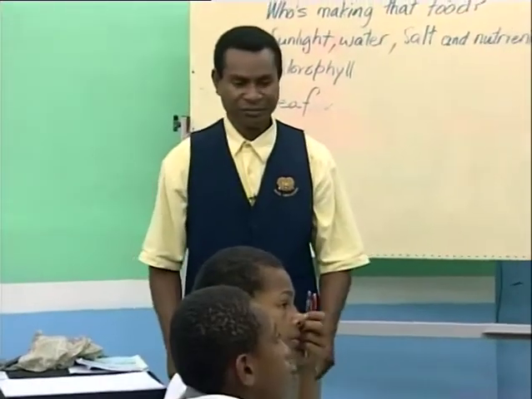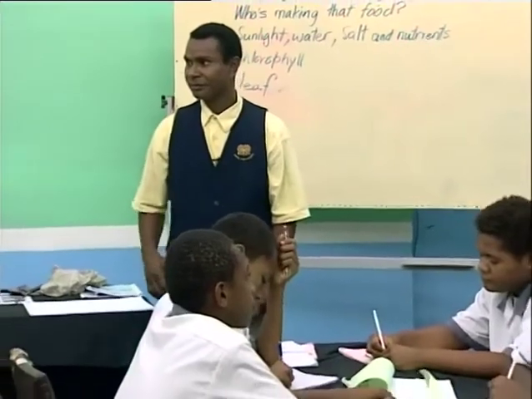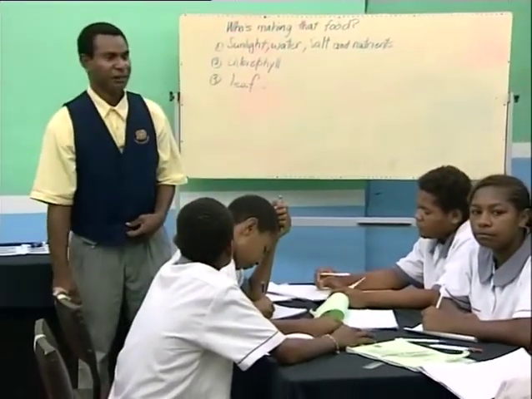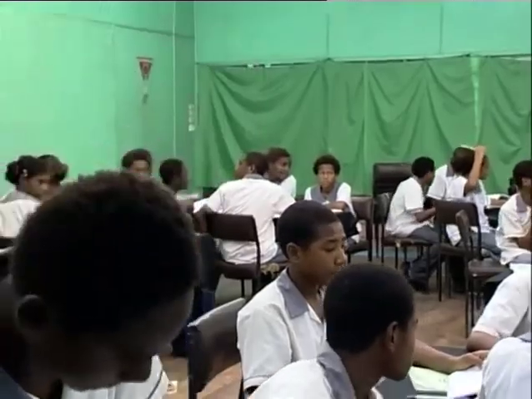Who could give us one of the answers? Okay, Shannon. They get the sunlight, salt, water, and nutrients, and it goes up to all parts of the plant body and makes their food.